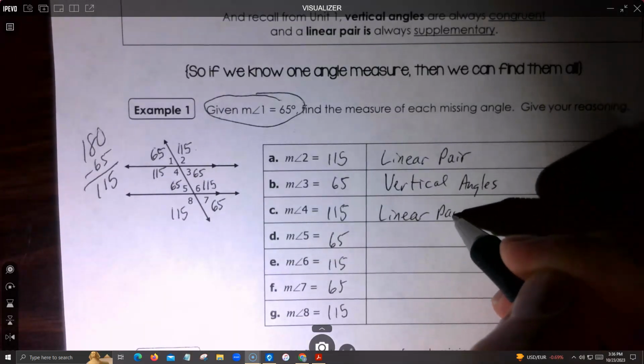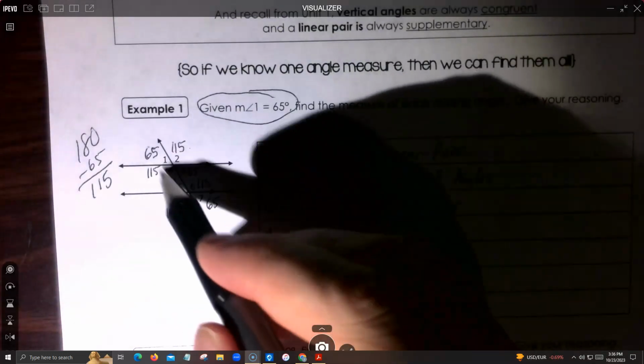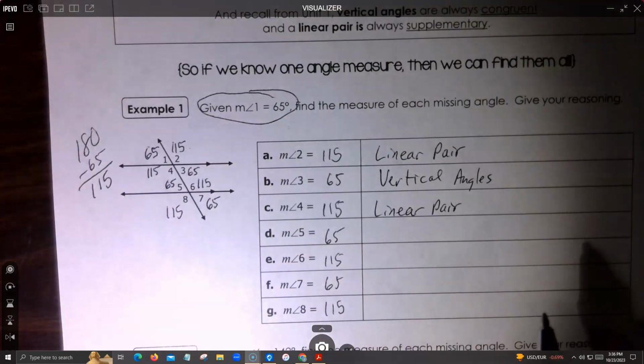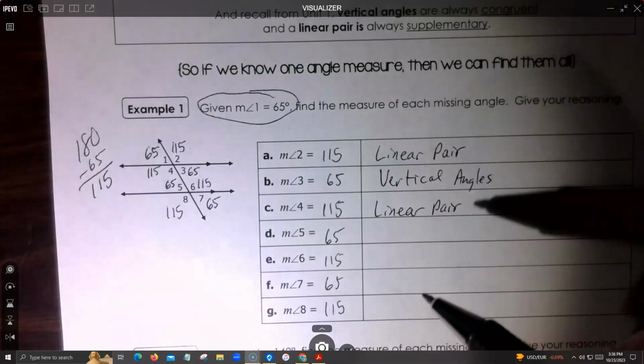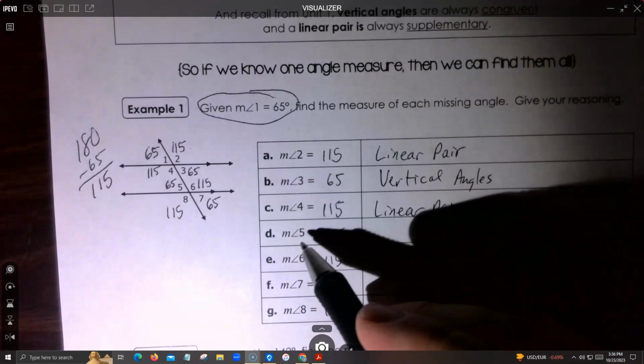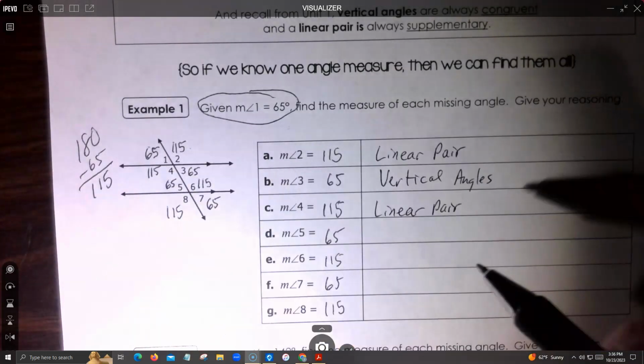Again, remember, if they're adjacent, attached to each other, and their angles together form a straight line, which is this line right here, then they add up to be 180. I can see that too. 1 and 5, corresponding.